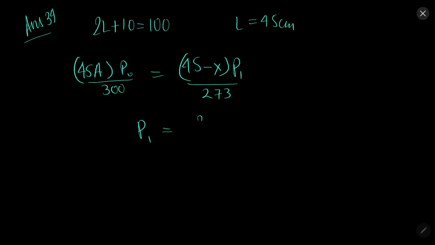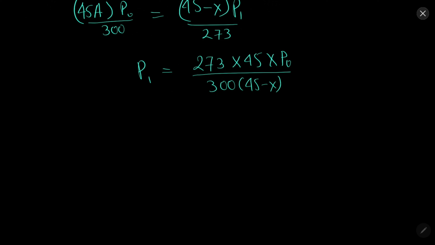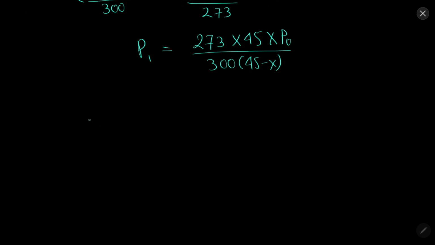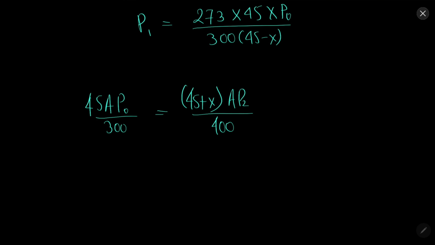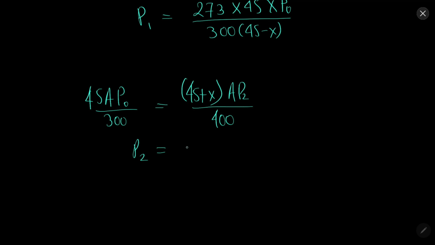So P1 will come out to be 273 into 45 into P0 over 300 into 45 minus X. Now 45A P0 over 300 equal to 45 plus X A P2 over 400.